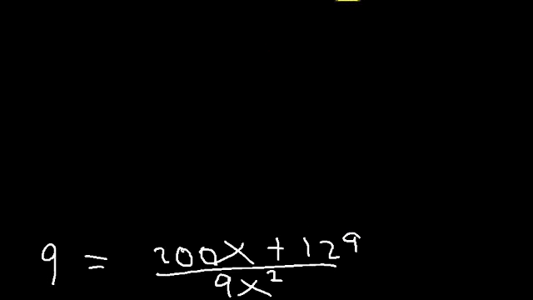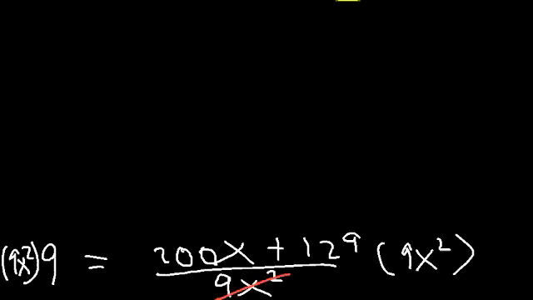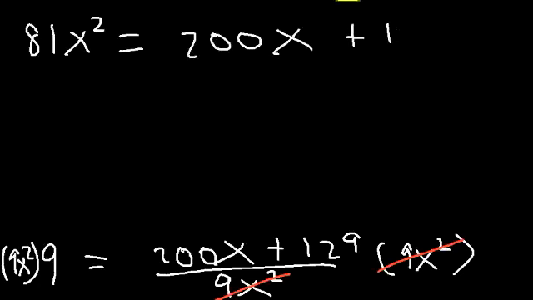So this problem might be easier to deal with. Let's multiply both sides by 9x squared so that these two will cancel. 9 times 9x squared is 81x squared. So 81x squared is equal to 200x plus 129.